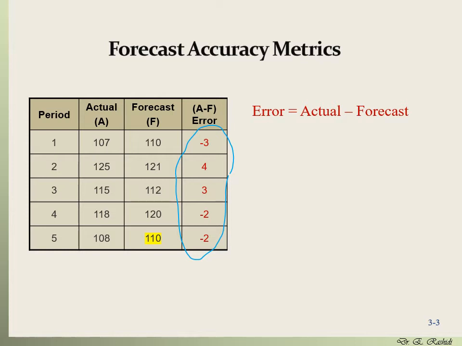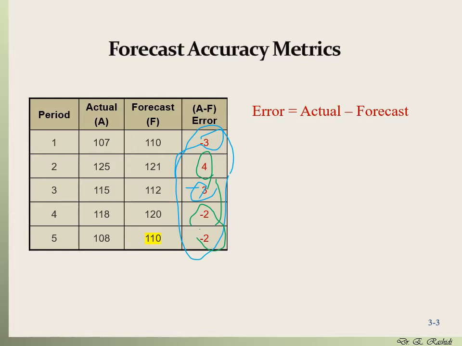What happened here is, as you notice, we had the canceling effect. These two cancel each other, these three cancel each other, and these also cancel each other. So we have a problem called canceling effect. How to deal with this problem? Because we have some surpluses and some shortages, some positive numbers and some negative numbers, they cancel each other out when you sum them up.